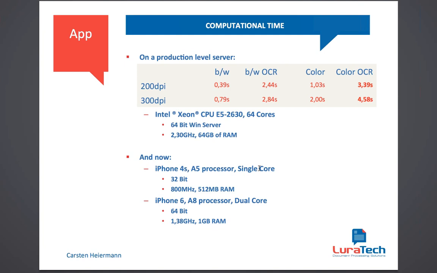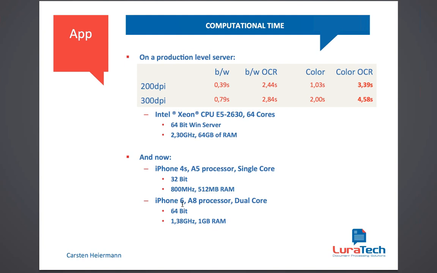And it's a single core processor in there. It has 32-bit architecture. It has 800 megahertz only, and it has only 512 megabytes of RAM, which is nothing for digital imaging. I know these images are huge. The number of pixels you need to process all the time is huge. So that's a very, very limited environment.